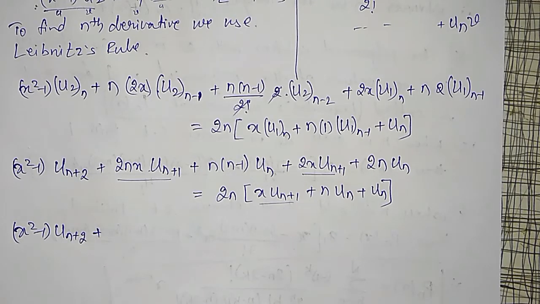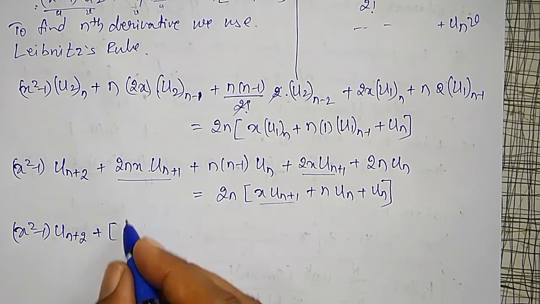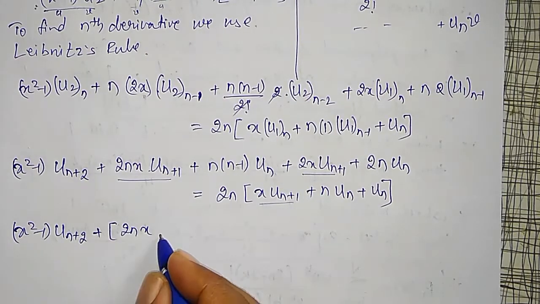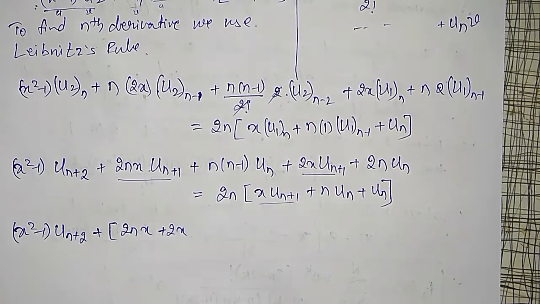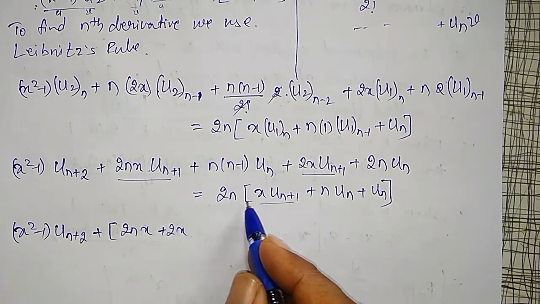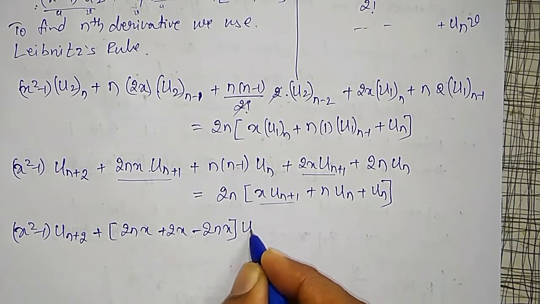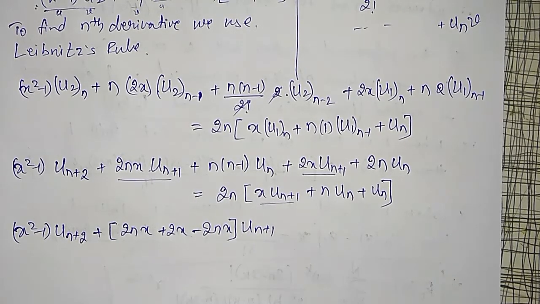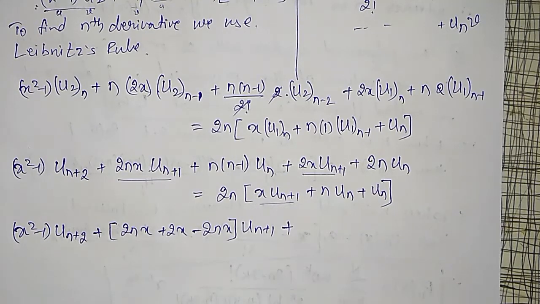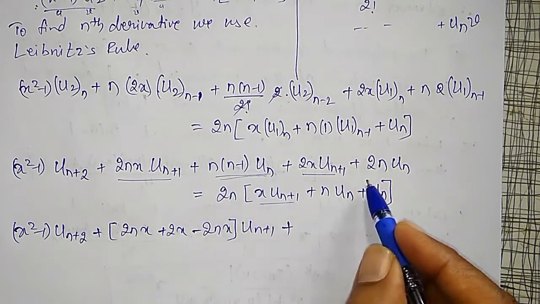Therefore, from all the terms un plus 1 I have to combine. In the bracket un plus 1 I will take common, 2nx and here plus 2x. And on the right hand side it is a plus. I bring it to the left hand side, minus 2nx into bracket un plus 1. Like that, un containing terms I will combine now.